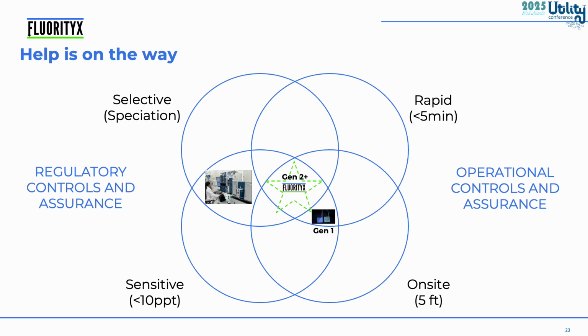So to wrap this up, here's where our Gen 1 system currently looks like. We will have a system that's rapid. We'll have a system that you can use on site. It will be very sensitive. We don't have the ability yet to be selective in measuring the differences between PFOA, PFOS, Gen X. We can report on a PFOA equivalent, but samples with mixtures, it'll be an aggregate result.